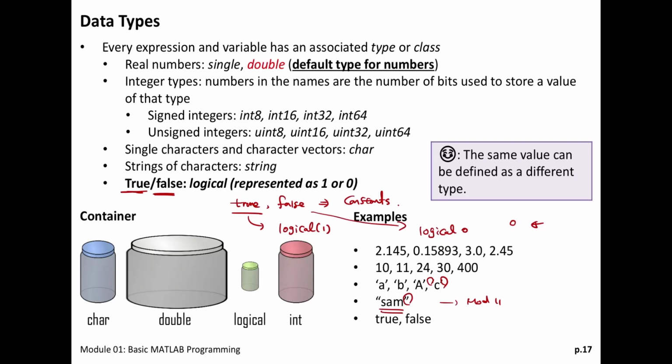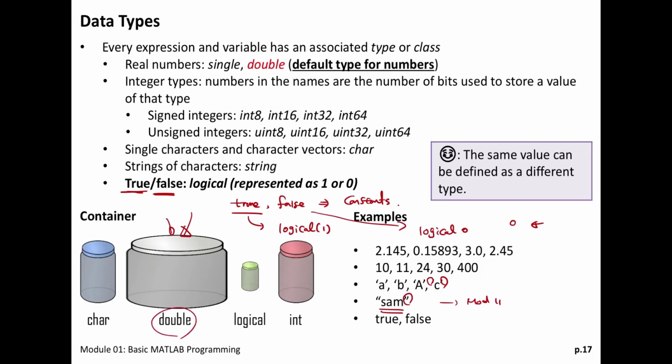MATLAB's default type to represent numbers is double. Double is the biggest size data type. That's why you don't have the risk of numeric error or overflow. For instance, you can put any numeric number here, double.